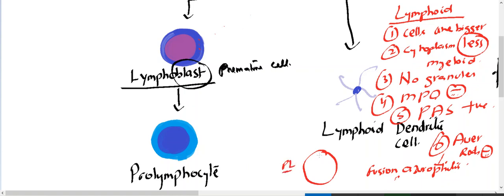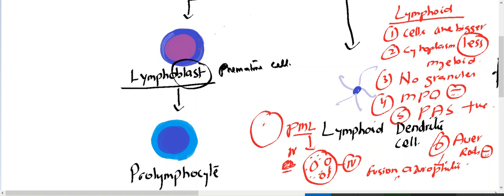It has these granules. When the granules fuse, they become the Auer rods. Neutrophil is formed from the promyelocyte, isn't it? So even in the promyelocyte, the granules fuse to form the Auer rods, and that's AML M3.